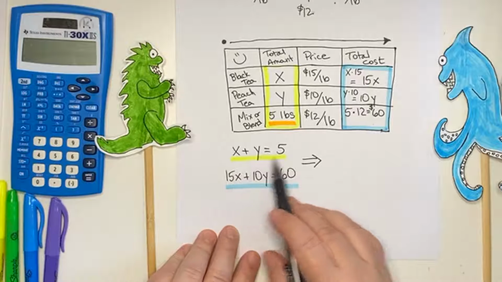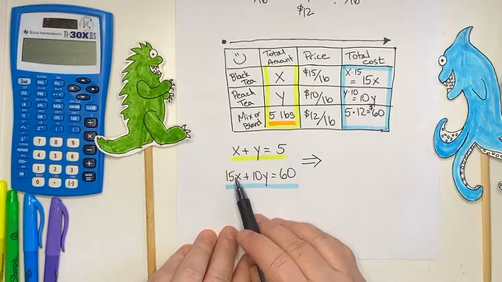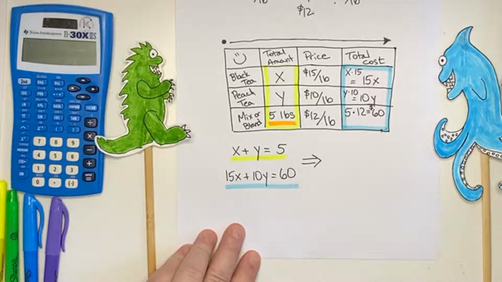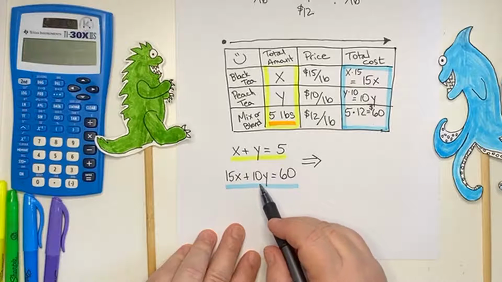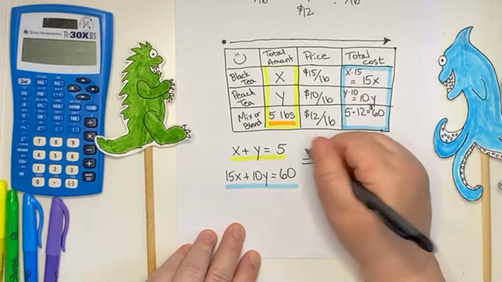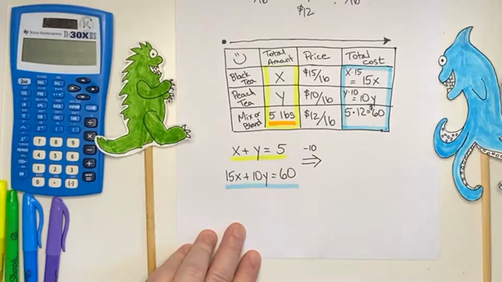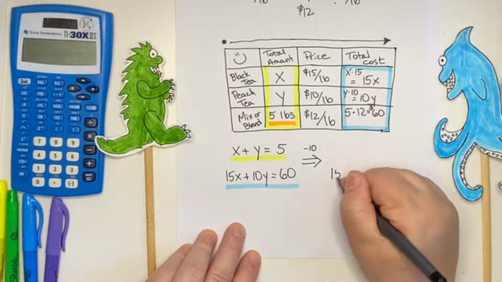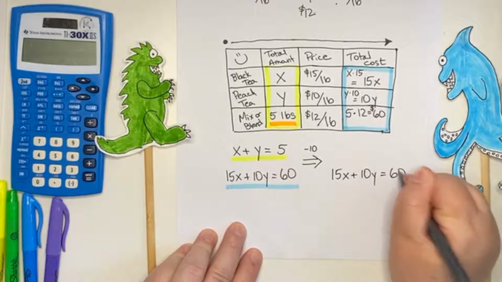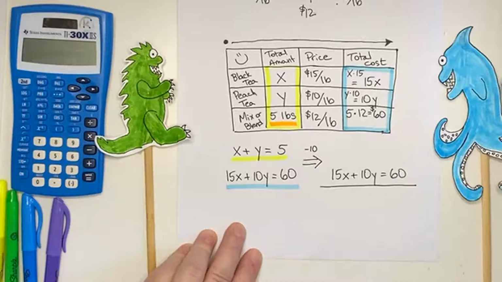I'm all set up to cancel, and either I want to cancel my x's or my y's. I'm going to cancel my y's. I have 10y here, so I'm going to multiply by negative 10. Up top, not going to touch the bottom one, so that equation stays the same.